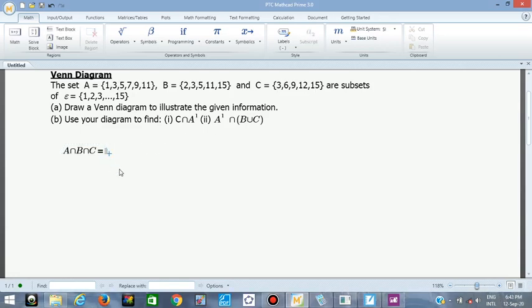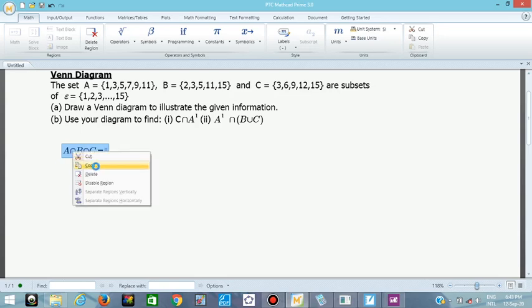And how do I do that? I need this kind of bracket. I need to put it in this order. Let me copy this first. It needs to be in this form.